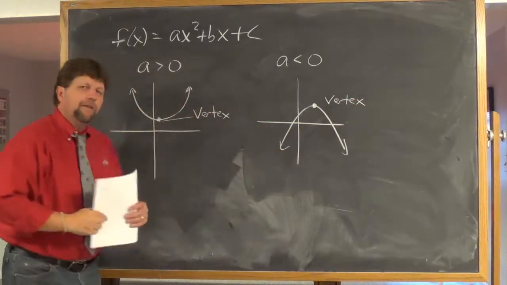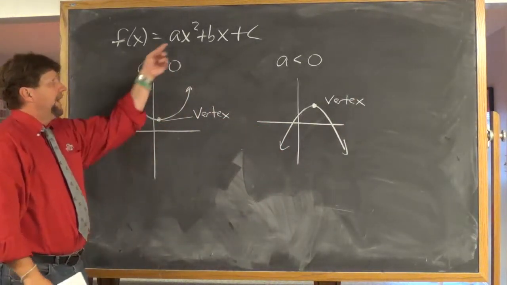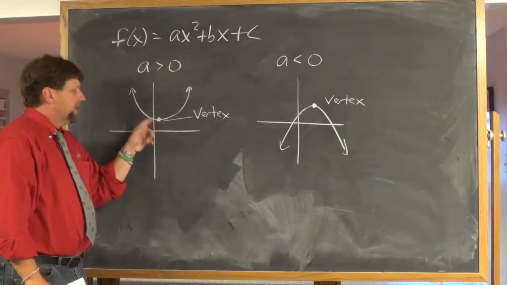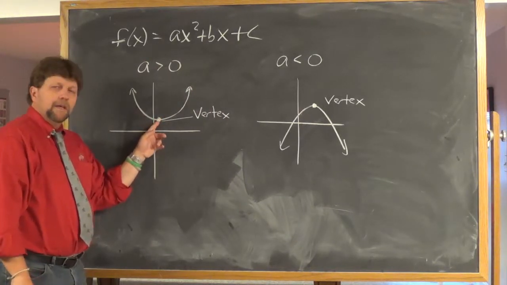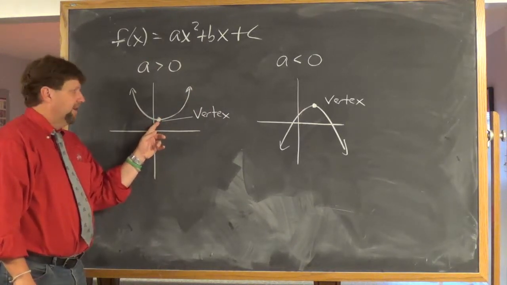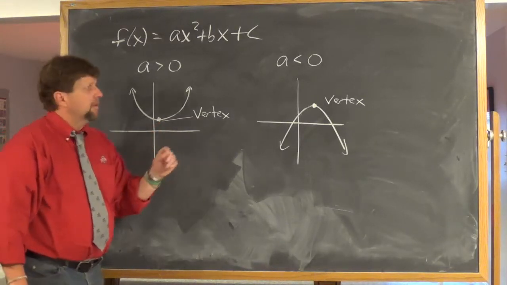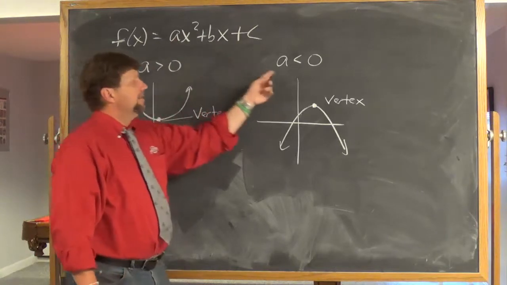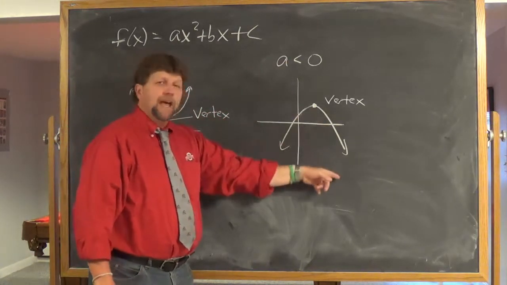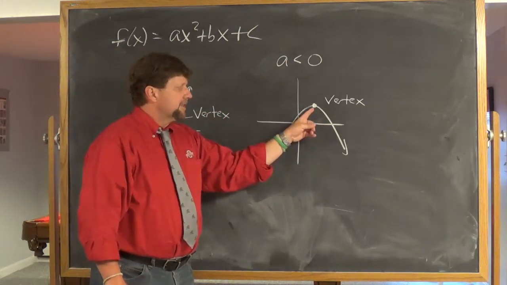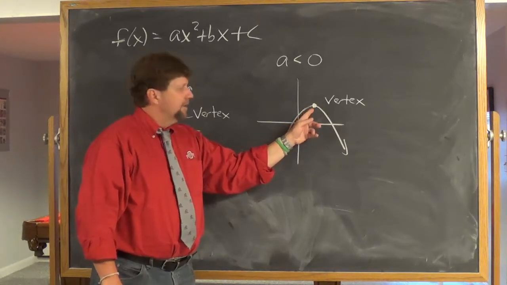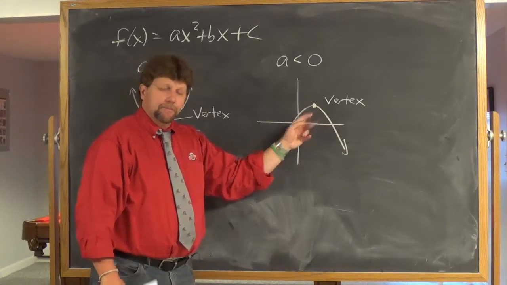So notice if you have a happy parabola, if a is positive, the vertex is kind of like at the bottom. It's at the low point of the graph. The vertex, we call it a minimum. Whereas if a is negative, and you have a sad parabola, the vertex is at the top of the graph. We're going to call that a maximum.